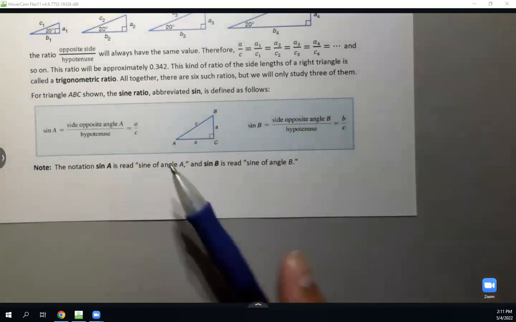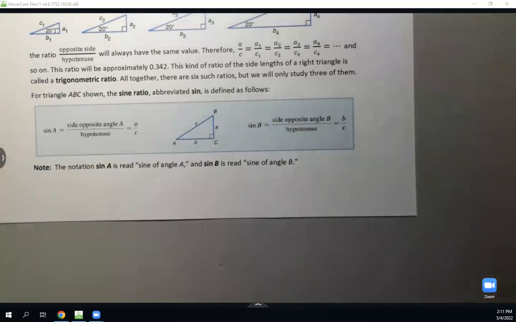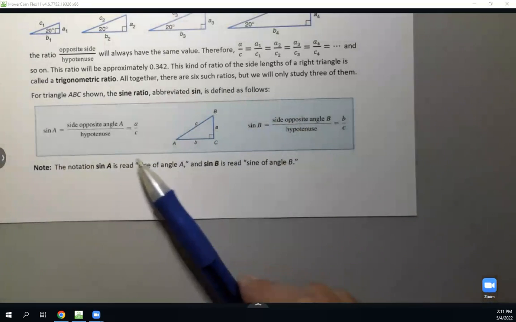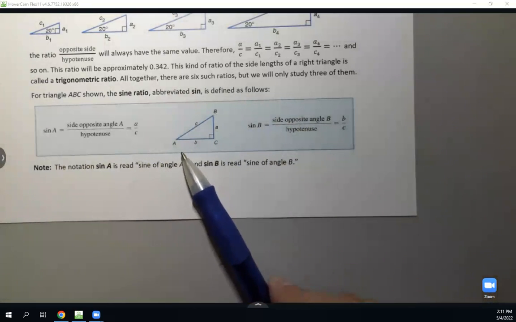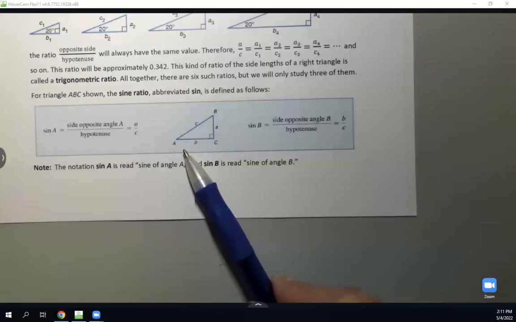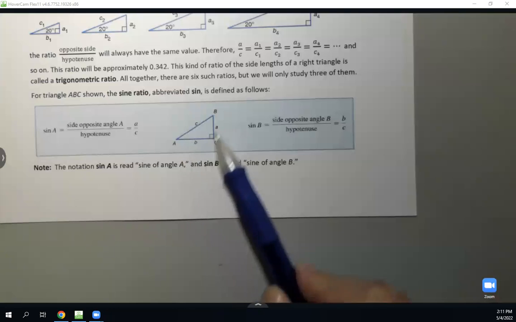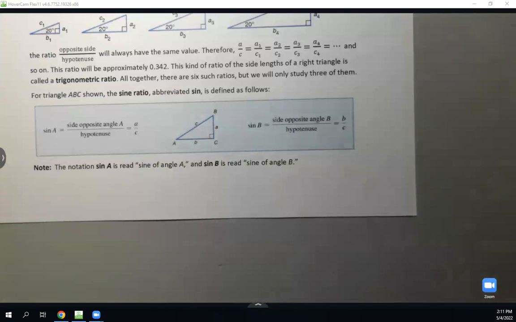We're only going to do this for the acute angles. I said adjacent, but we're only going to do it for the acute angles. It is possible to do it for the 90-degree angle and so on, but we're not going to worry about that in this class. Okay, so far so good.